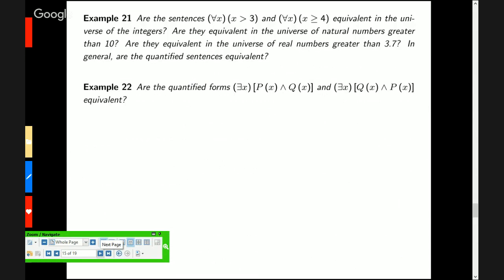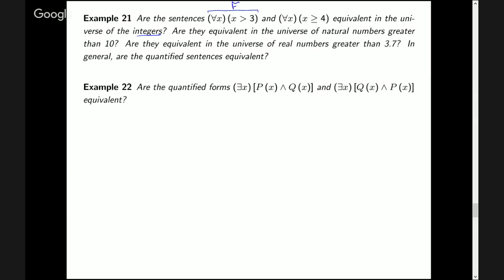Let's look at example 21. Are the sentences for all x, x is bigger than 3, and for all x, x is greater than or equal to 4, equivalent in the universe of integers? So is this one true or false in the integers? Can you think of an integer that's smaller than 3? 2.